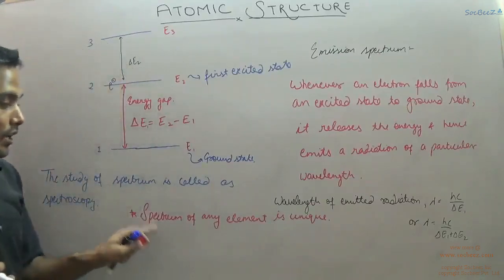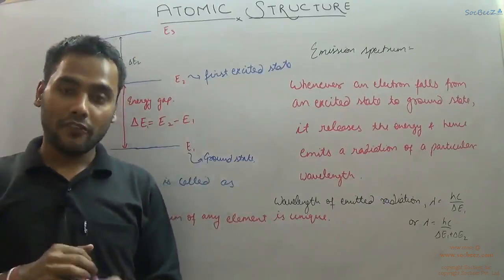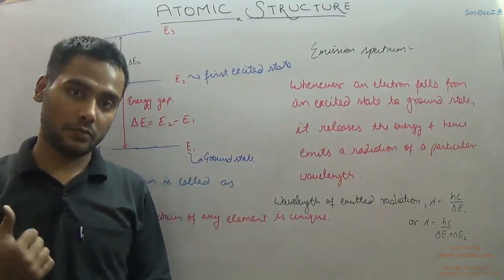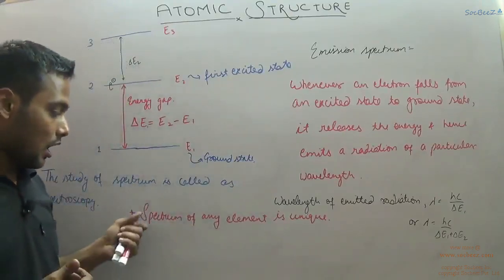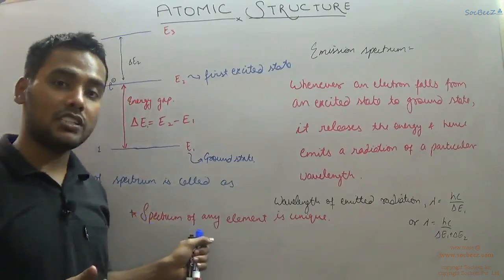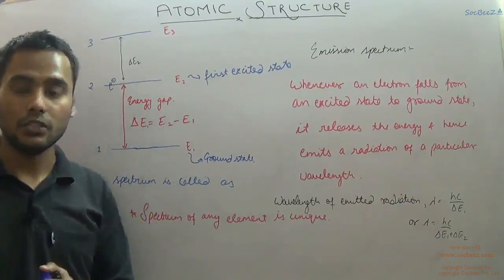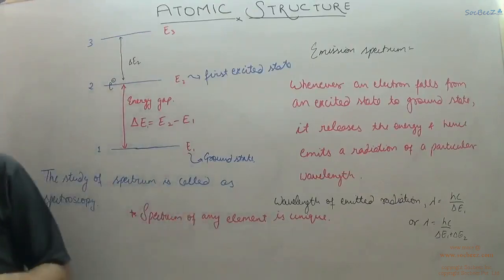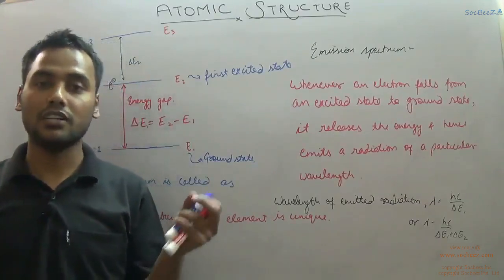You can make an analogy with the human fingerprint. Every human being has a different fingerprint, and hence we can say that the spectrum of any element is the fingerprint of that element.